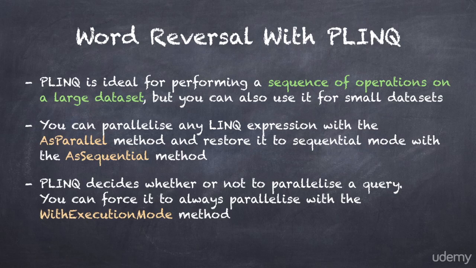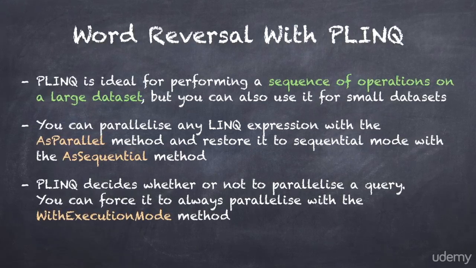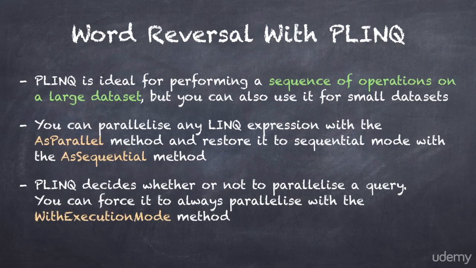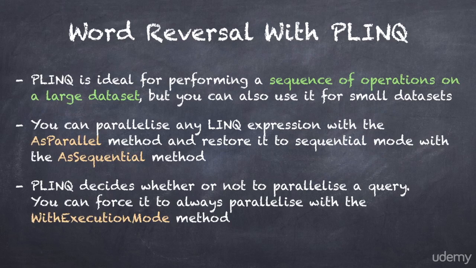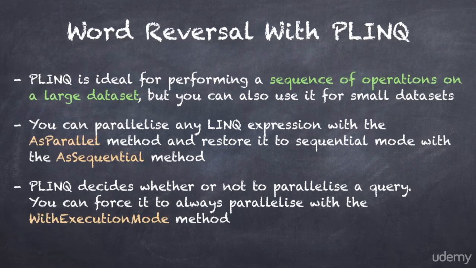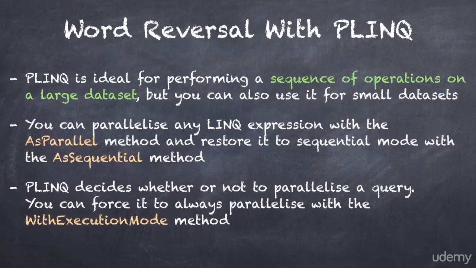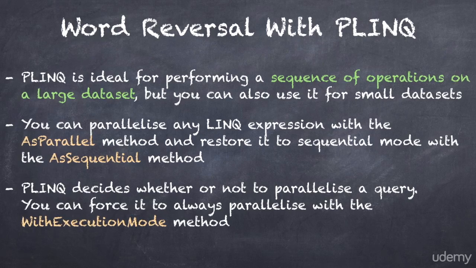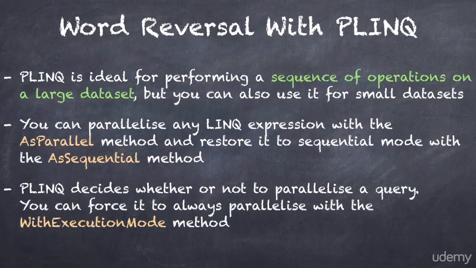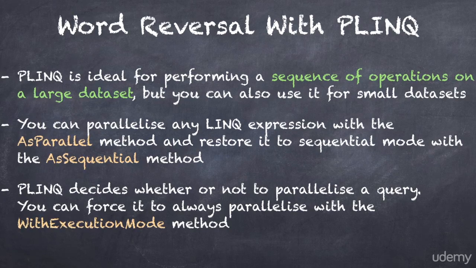You can parallelize any LINQ expression with the AsParallel method and restore it to sequential mode with the AsSequential method. Parallel LINQ decides whether or not to parallelize a query, but you can force it to always parallelize a query with the WithExecutionMode method.